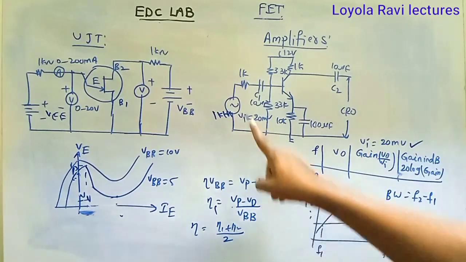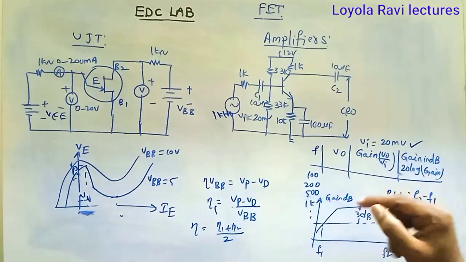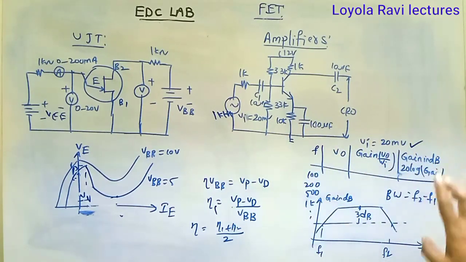First, you can connect directly from the function generator to the CRO, positive to positive, negative to negative. Press sine signal and adjust to 20 millivolts, or it may be 50 millivolts, or it may be 100 millivolts.